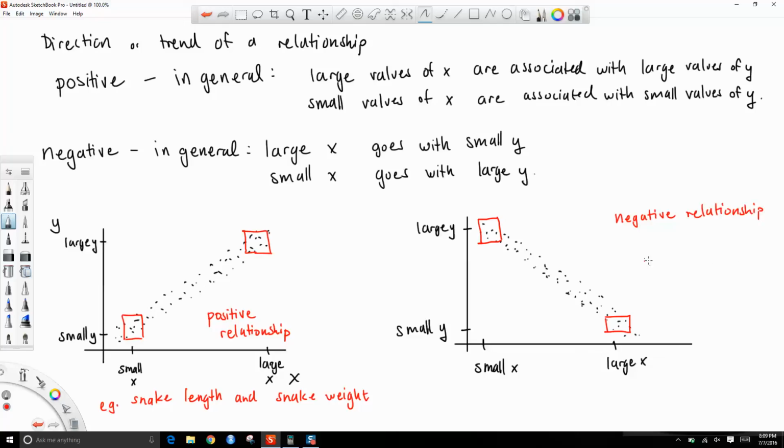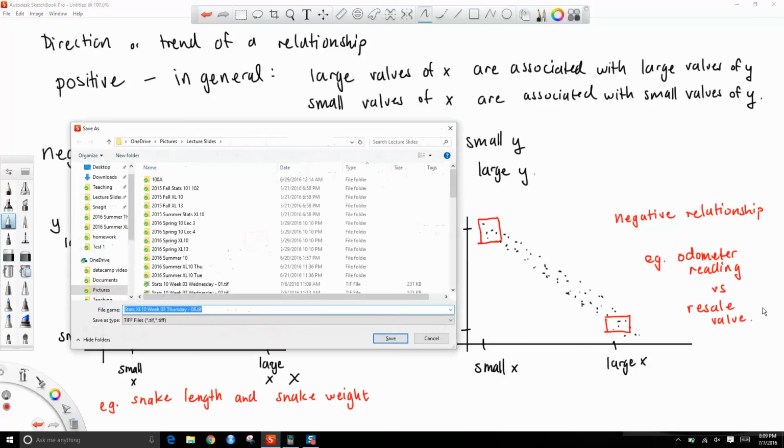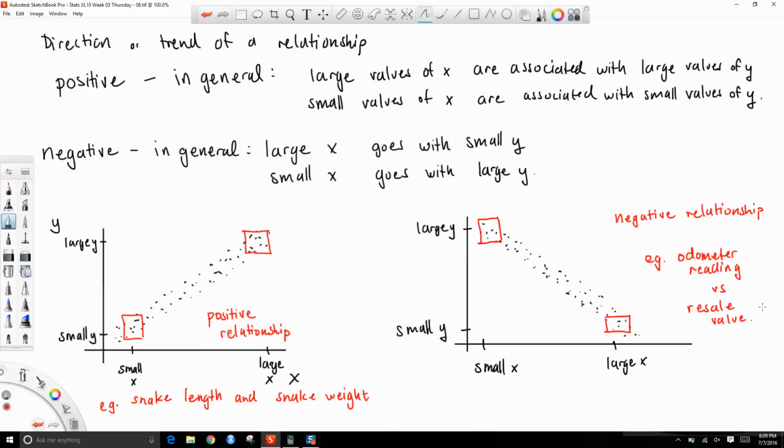Okay, and so one example here could be the mileage odometer reading on a vehicle versus the resale value. So overall, cars that have high odometer readings, so cars that have many miles driven on them, their resale value will be lower than cars with low odometer readings.